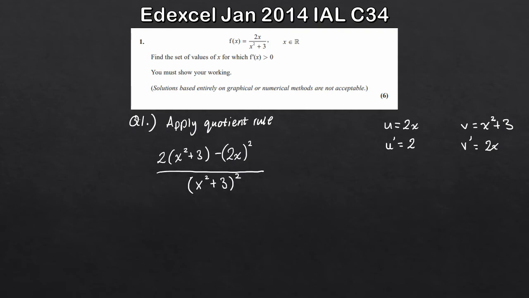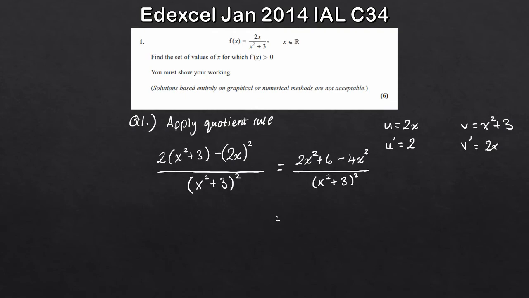Okay. All I'm going to do here is simplify this and write what dy by dx is. So this will give me 2x squared plus 6, and then we've got minus 4x squared at the end there, and then we divide this full expression by this squared, which I'm not going to expand because you'll see why in a moment.